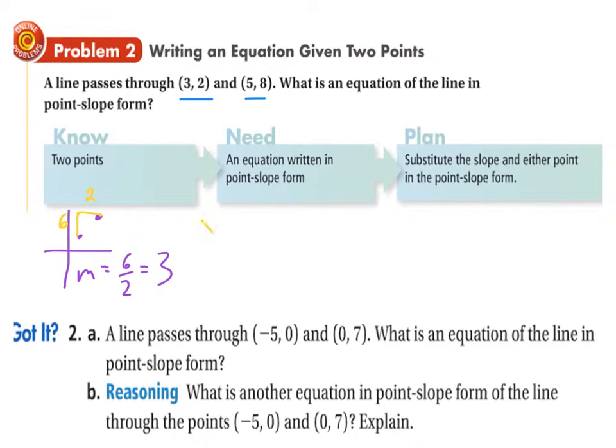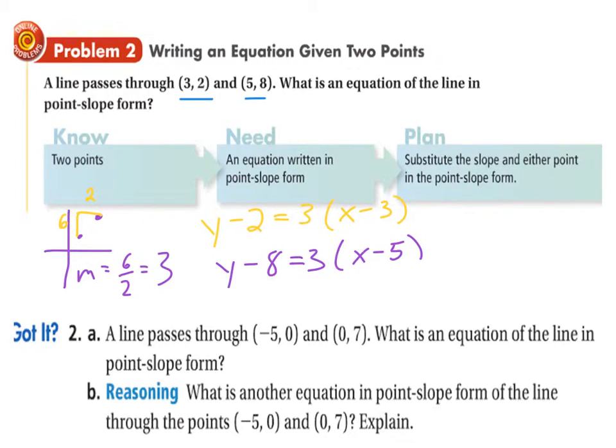I'll go ahead and do both, one at a time. Using (3, 2), I get y minus 2 equals the slope of 3 times x minus 3. Using (5, 8), I get y minus 8 equals the slope of 3 times x minus 5. So a little bit different there with that one.